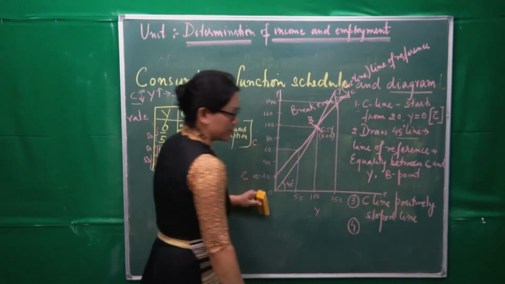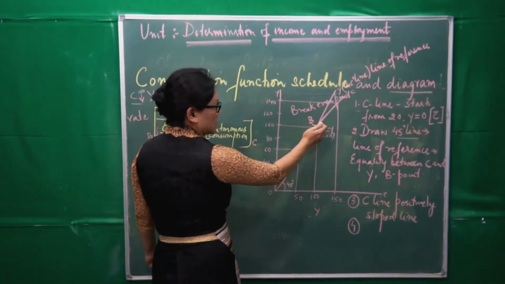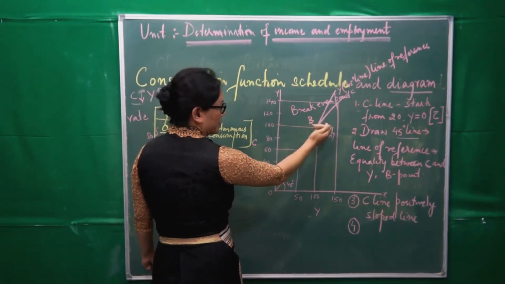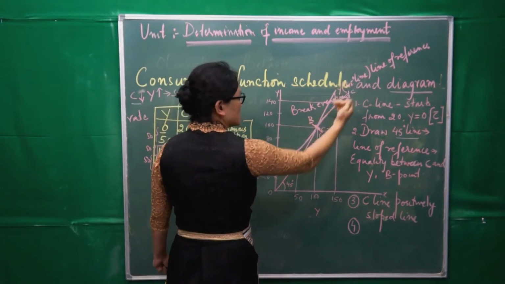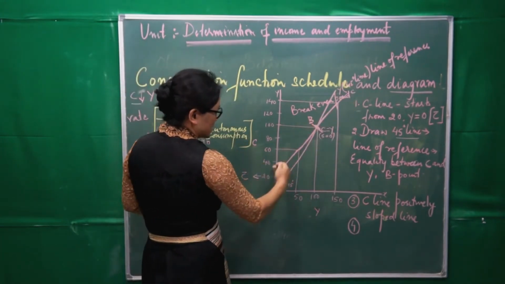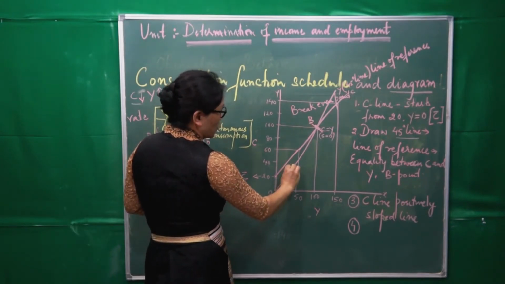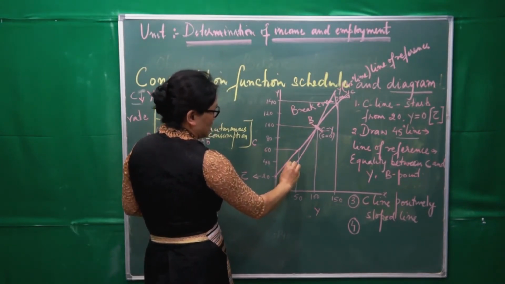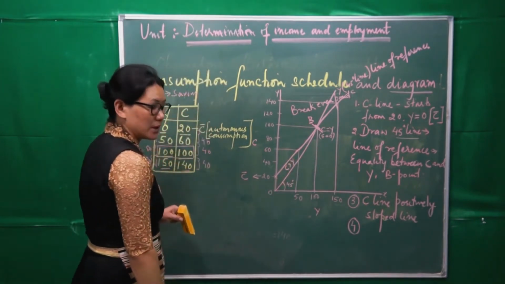Fourth one. This is the break-even point, right? Prior to this, what is happening? And beyond this, what is happening here? We have to see. Prior to this, it will show C will be greater than Y. Is it happening?